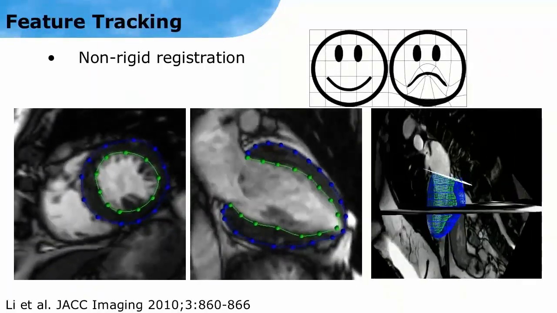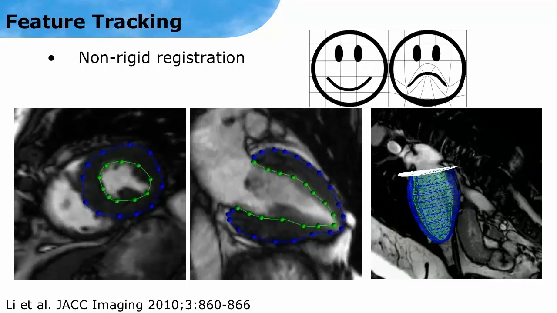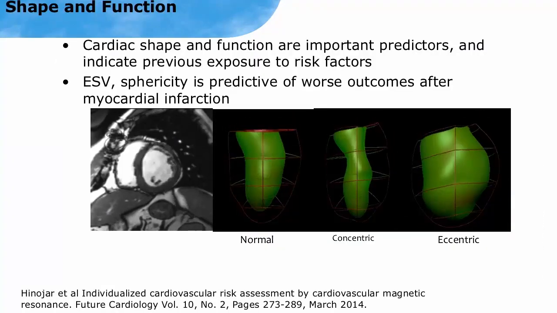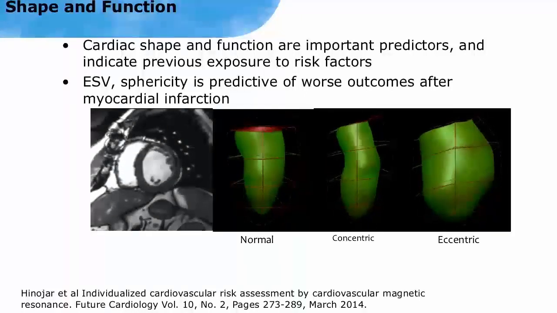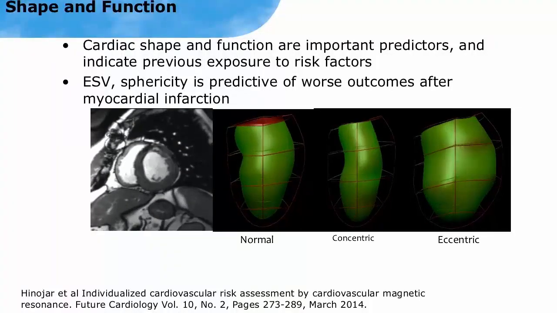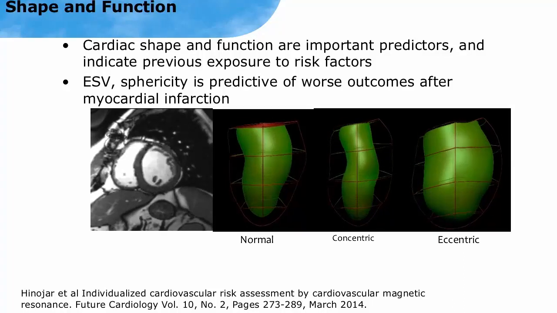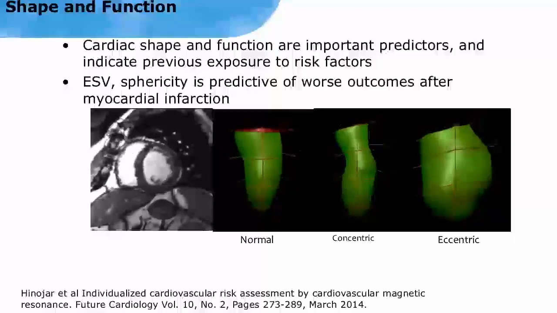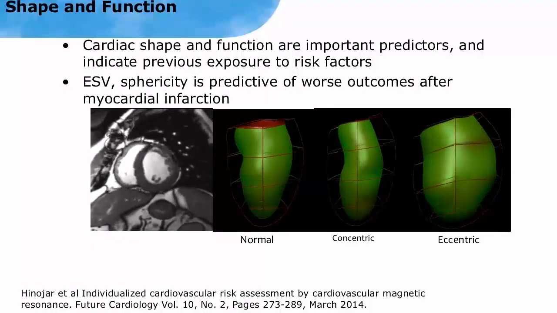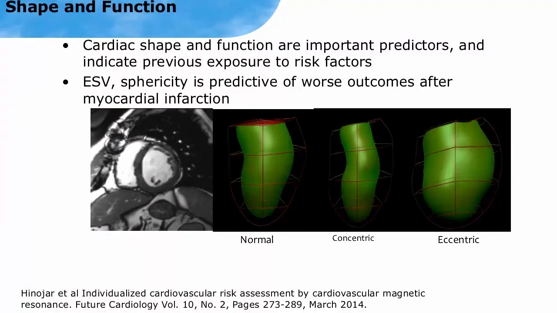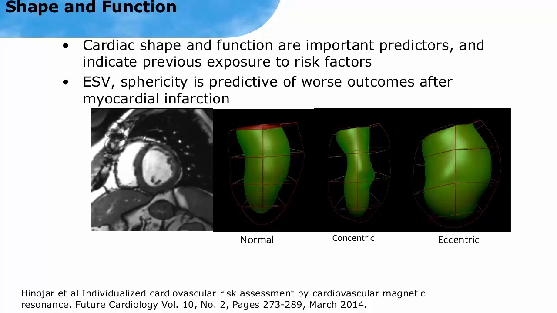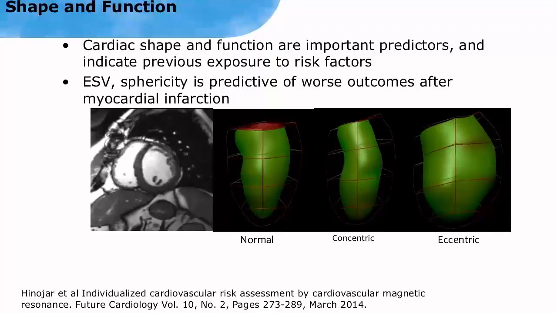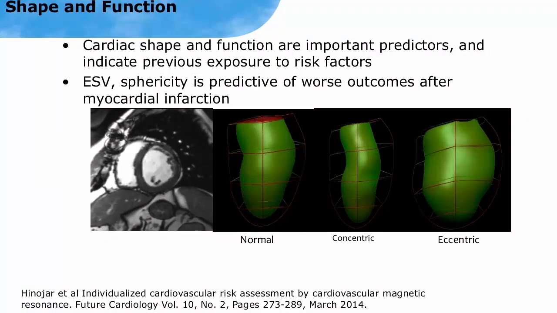So I want to talk a little bit about how we can use that representation, not only to derive standard measures of LV mass, wall thickness, cavity dimensions, fractional shortening, but also a wide variety of other indices, because now you can interrogate these models at any point which is registered to every heart in our population.